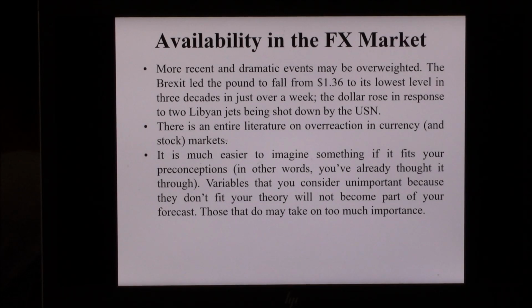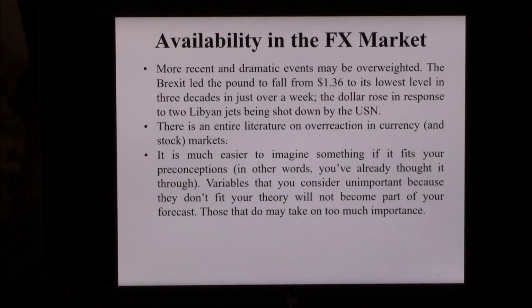There's an entire literature on overreaction in currency and stock markets. So the idea that a dramatic event causes a rapid reaction, just as we've got up here. And it's much easier to imagine some things that fit your preconceptions. Variables that you consider unimportant because they don't fit your theory will not become part of your forecast because you don't even notice them, all right? Those that do may take on too much importance.